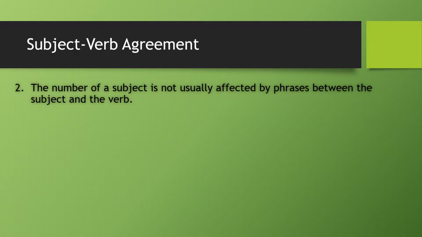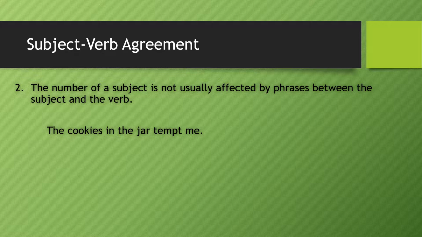Rule number 2. The number of a subject is not usually affected by phrases that come between the subject and the verb. Let's consider a couple of examples. The cookies in the jar tempt me.